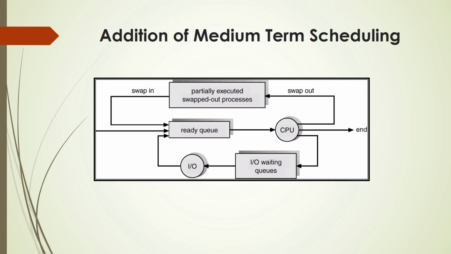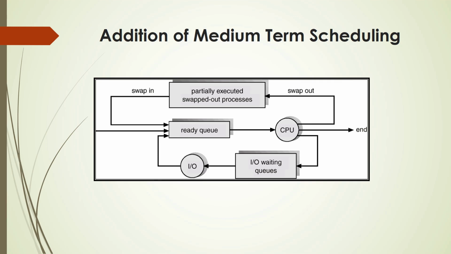The main idea of medium term scheduler is that it is sometimes advantageous to remove processes from memory and reduce the degree of multiprogramming. Also, the process can be reintroduced into the memory at a later stage and can be made to continue from where it left off. This scheme is called swapping.